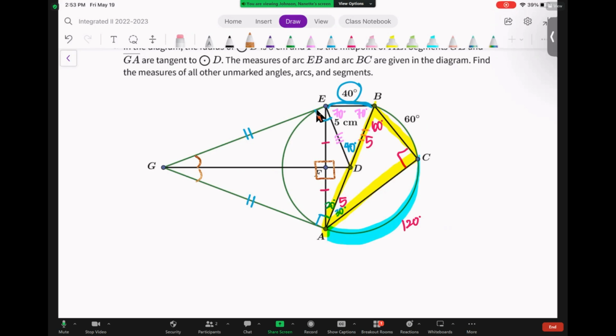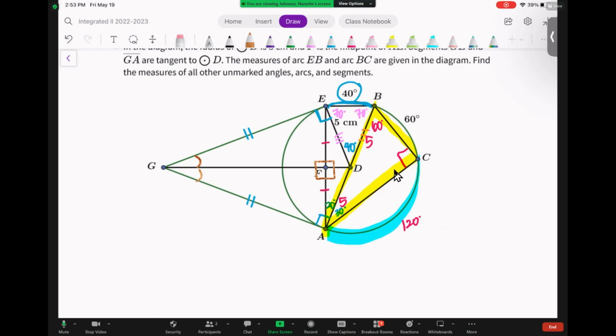We also remember that a tangent to the radius at the point of tangency is perpendicular. And we also remember that if you have an onscribed angle and it intersects a diameter at the endpoints, then that is a 90-degree angle here. That angle is 90 degrees.